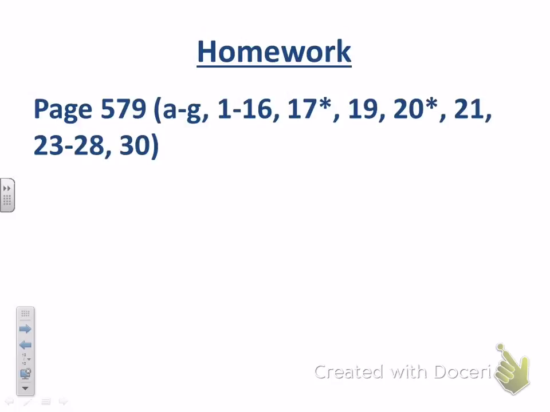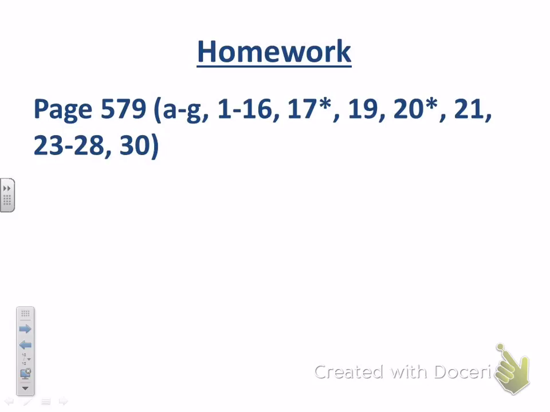All right, your homework is this. We're going to cut out a few of these. I know we're going to do A through G and 1 through 16, page 579. We're also going to do page 573.